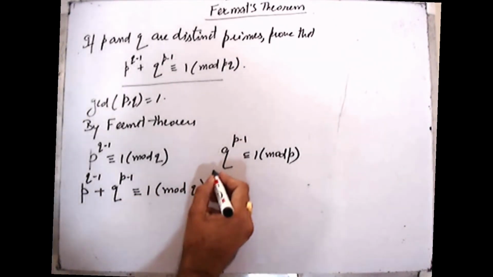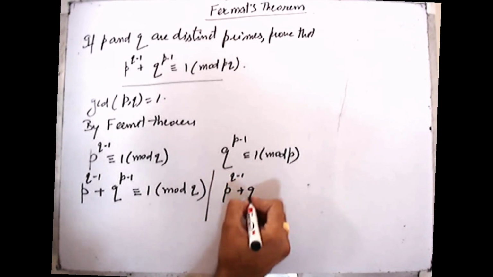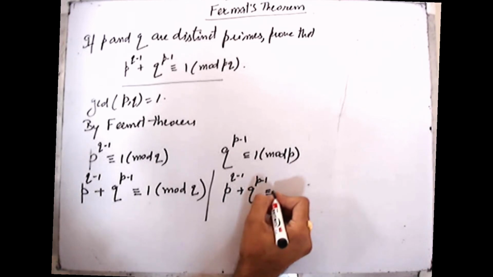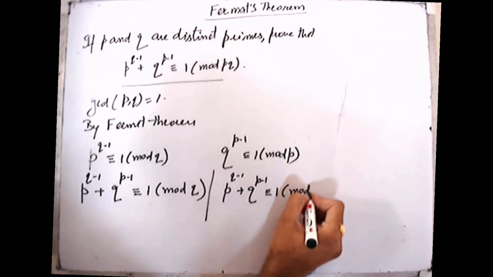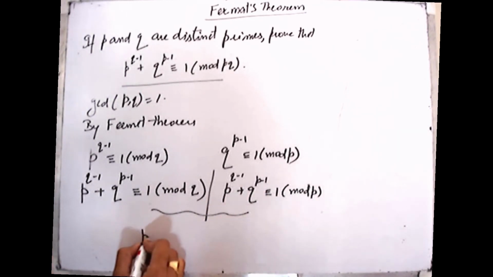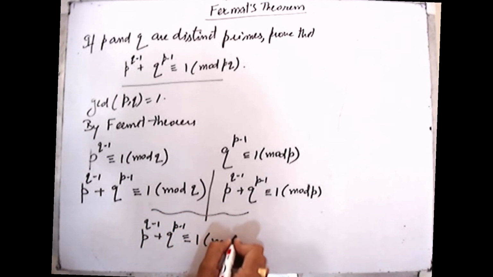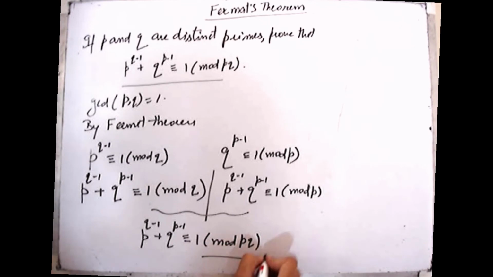Similarly here, we will write P^(Q-1) plus Q^(P-1) is congruent to 1 mod P. So again, from both of these two, we get P^(Q-1) plus Q^(P-1) congruent to 1 mod PQ. Desired answer.